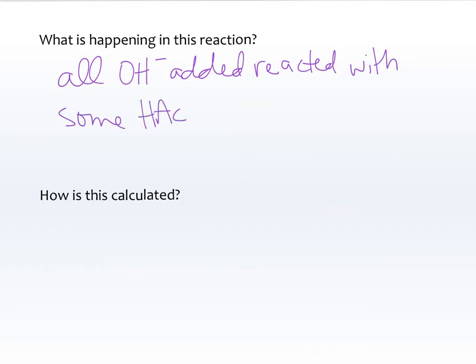Not all of my HAC, I'm not quite to the equivalence point yet, but some of my HAC to produce AC minus. So at this point I kind of have a buffer because I've added some OH minus to produce AC minus, so I have both the weak acid and its conjugate base. So if you want to think about it as a buffer, but initially it's not a buffer, and at the end point it won't be a buffer, but here in the middle range it will be a buffer.